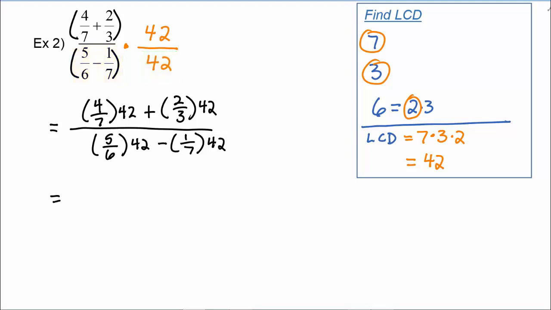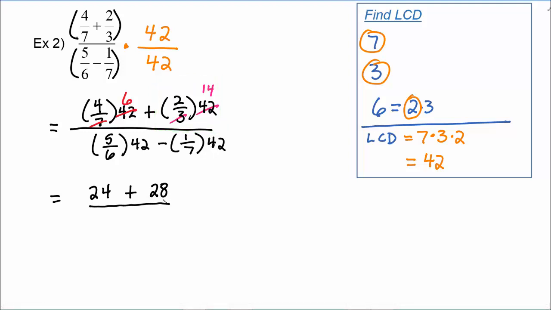And now we're ready to do some reducing within each of these multiplications. We know that 7 goes into 42 6 times, and 4 times 6 is 24, plus we have 3 goes into 42 14 times, and 2 times 14 is 28.